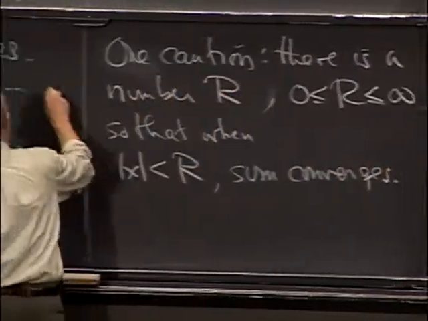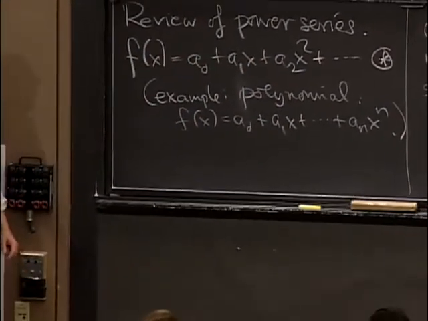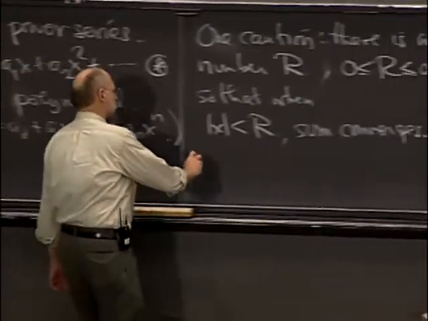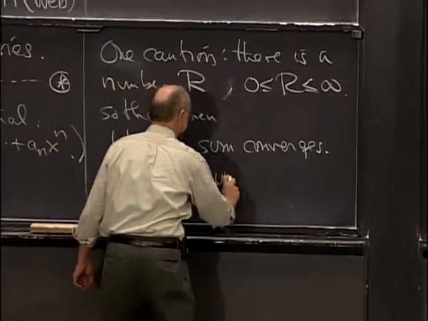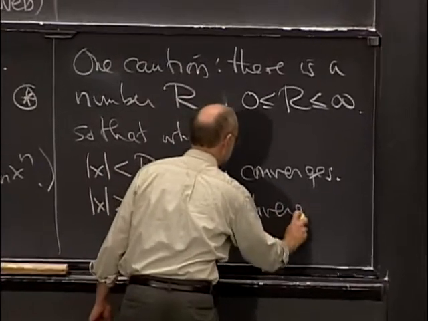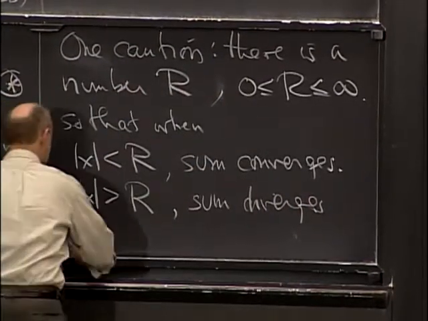This sum converges to a finite value. And when x is bigger than r in absolute value, the sum diverges. This r is called the radius of convergence.